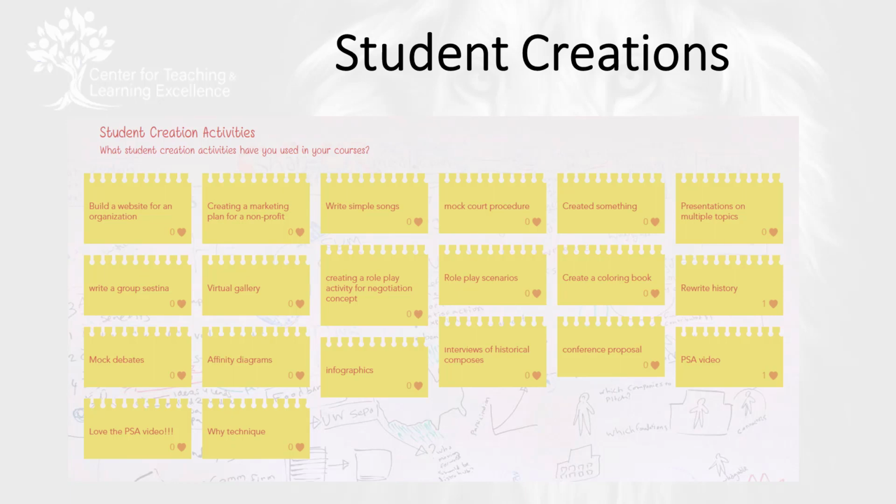I mean, really, when you start to think about it, there's a ton of different options that you can do to take what they've learned in your class and allow them to create something. Interviews of historical composers, conference proposals, PSA video. Excellent. The why technique. Okay. Good.